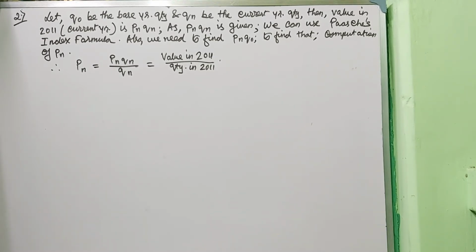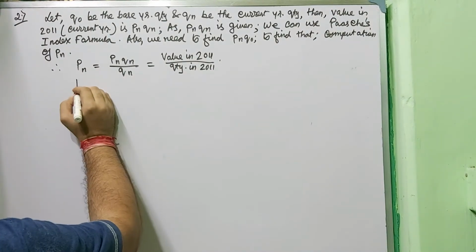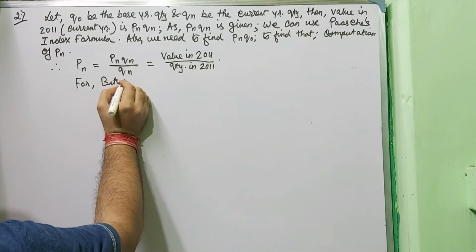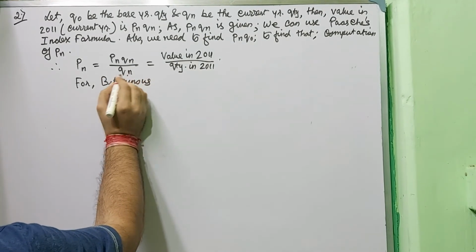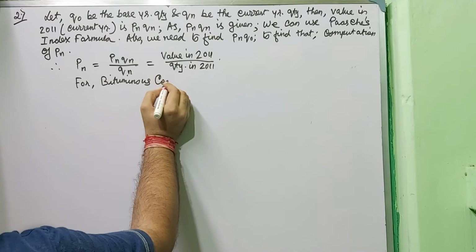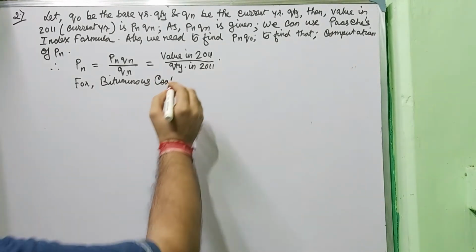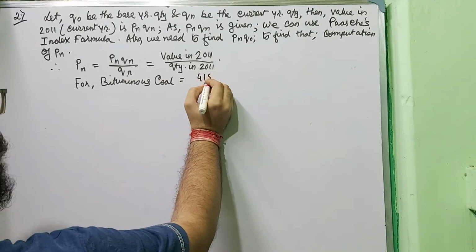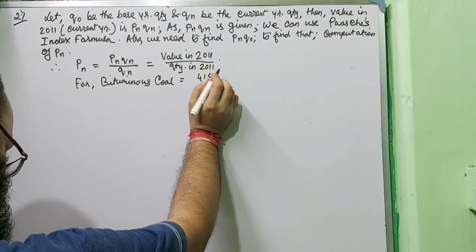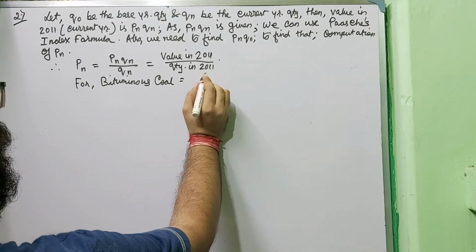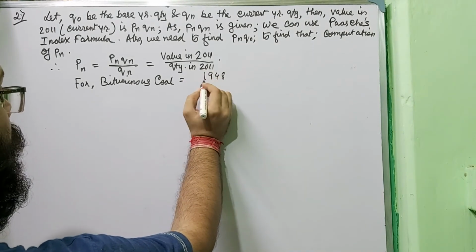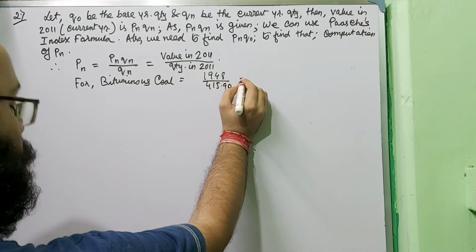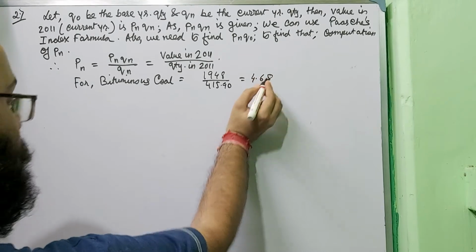Suppose for bituminous coal, value in 2011 is 1948 by quantity 415.90, which is 4.68.